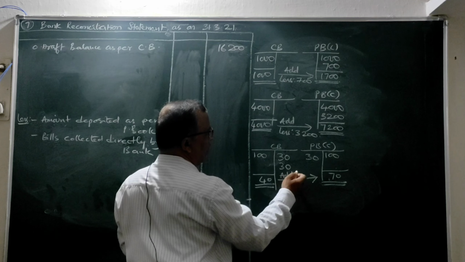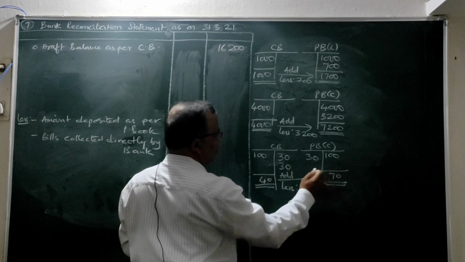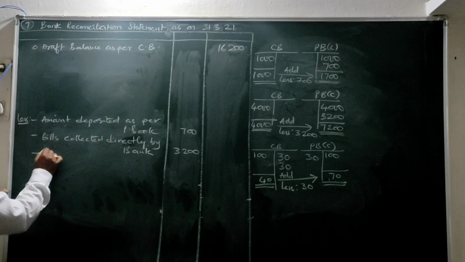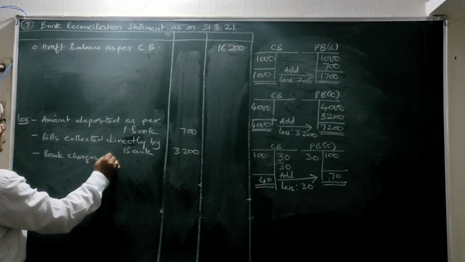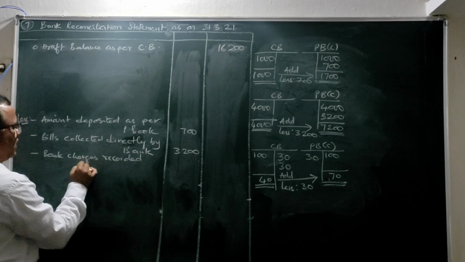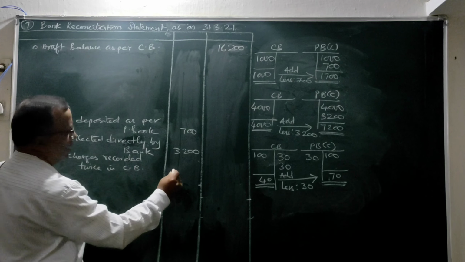Since it is the overdraft, opposite of this, less. How much? Difference between these two. How much is it? 30. So below less, what we are going to write? Bank charges recorded twice in cash book, 30.